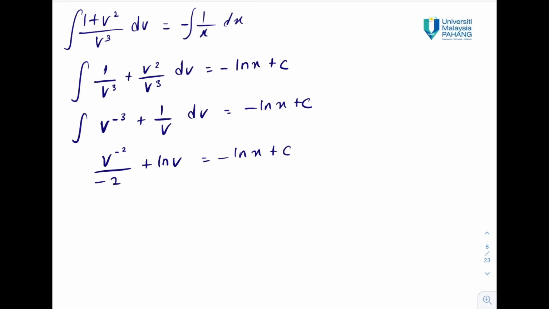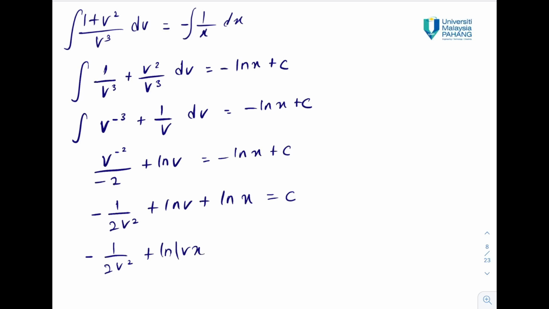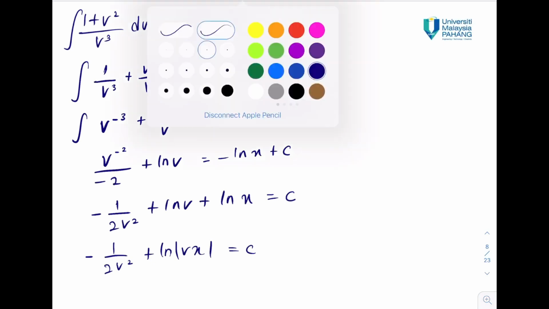Simplify this one: 1 over 2v squared, plus ln v plus ln x equals c. I can see that we can merge the ln: 1 over 2v squared plus ln(vx) equals c.